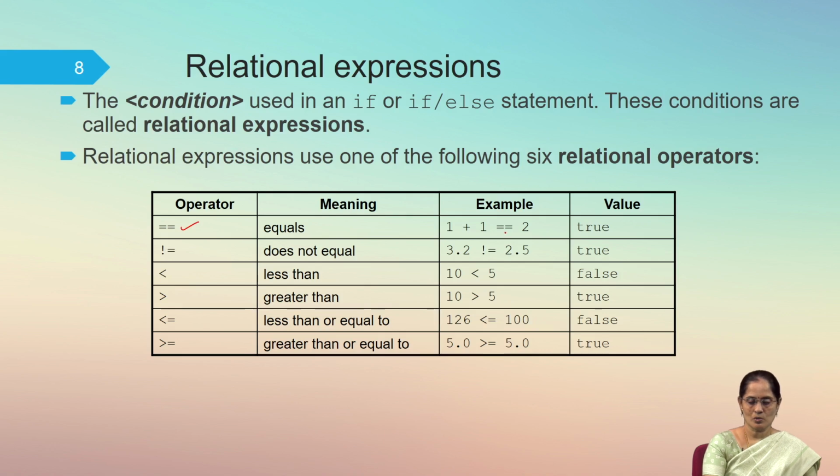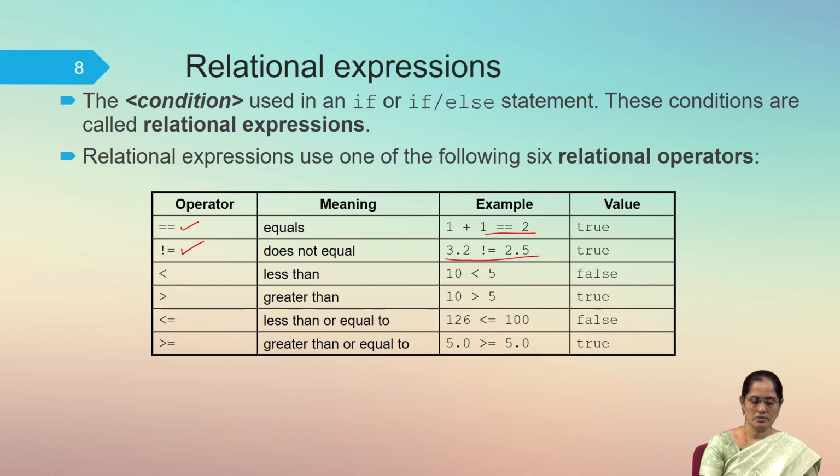So, 1 plus 1, is it equal to 2? This condition becomes true if it is equal. Not equal to is the expression used for checking whether the left hand side and right hand side of the relational expression are not equal. So, 3.2 not equal to 2.5 becomes true.